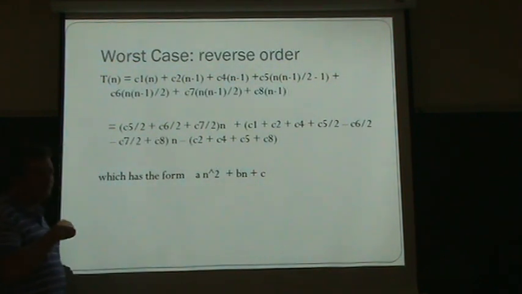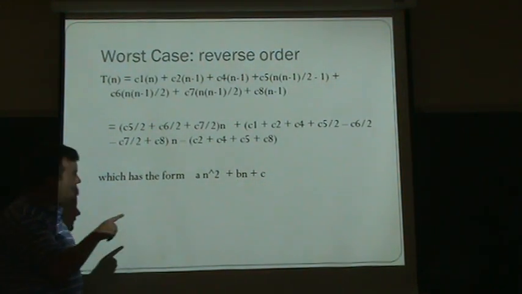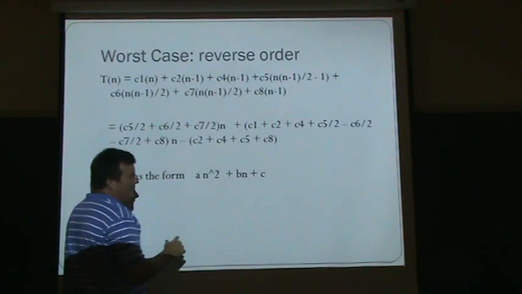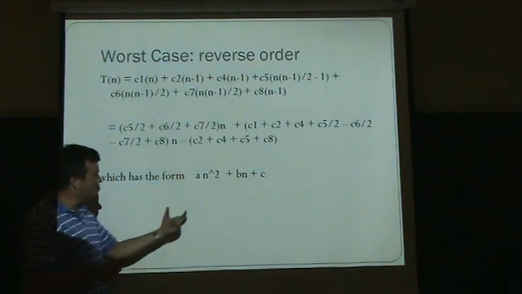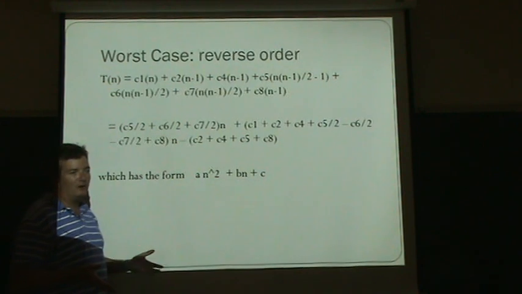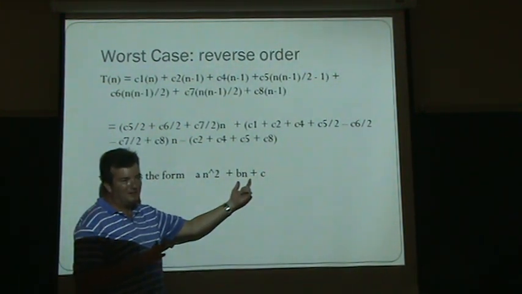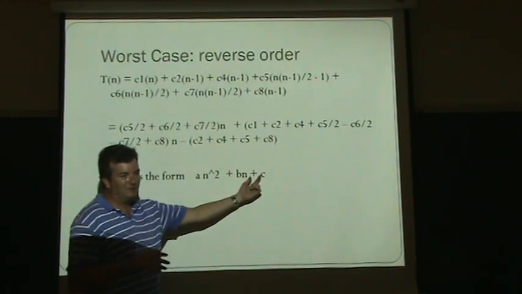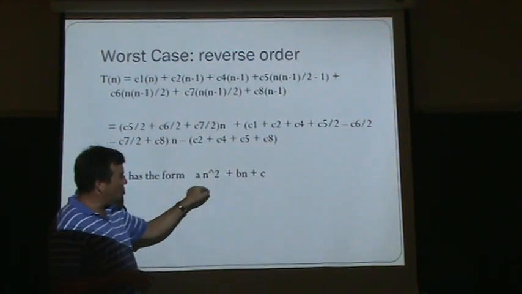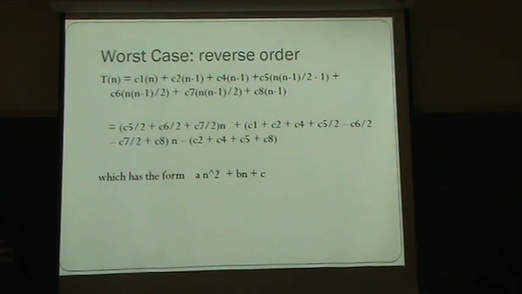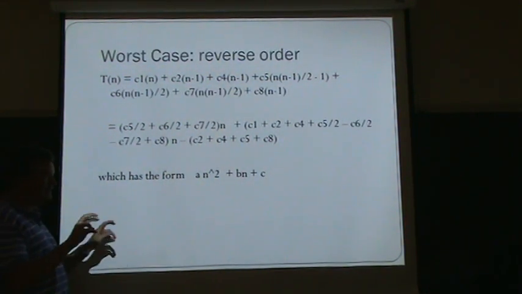If n then doubled to 2,000, this would be 4,000,000, 2,000, and 1. So if it doubles, this dominating term went up 4 times in value. This one went up a little bit, and this one stayed the same. And then if this doubled again, this would go up 4 times as much, this would go up a little bit, and so on.